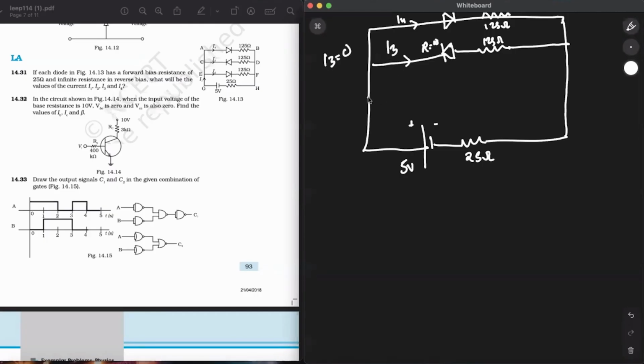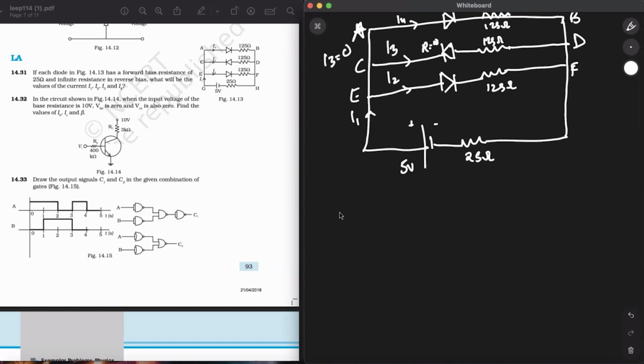Now, forward bias condition. There's a 25 ohm resistance due to this diode and 125 ohm over here, and this is the current I2. Finally, we have a current I1 which is leaving this battery. I'll name the branches A, B, CD, which we can ignore as there's nothing over here, and EF.